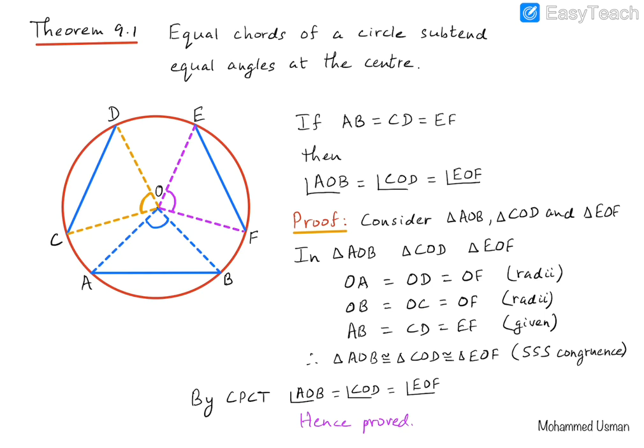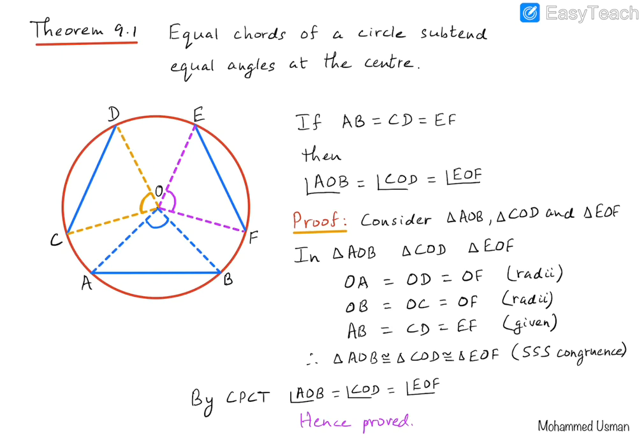And then we are already given that the base sides of these triangles, for example, the base side AB for this triangle AOB, the base side CD for this triangle COD, and the base side EF for this triangle EOF, are also equal, and that is given in our statement. Okay, so all these sides are equal. So for these three triangles AOB, COD, and EOF, all three sides are equal.